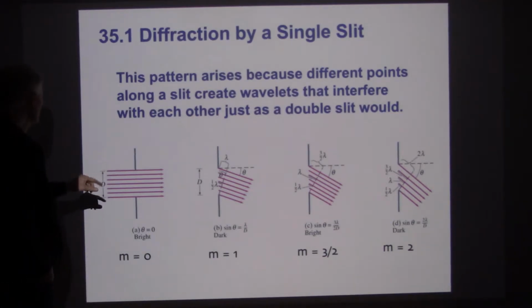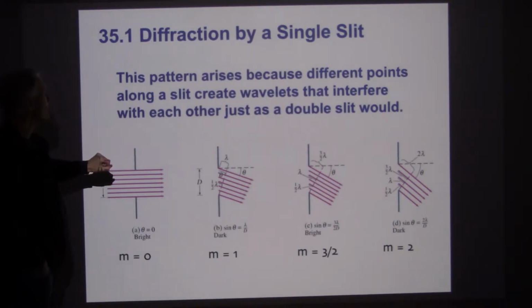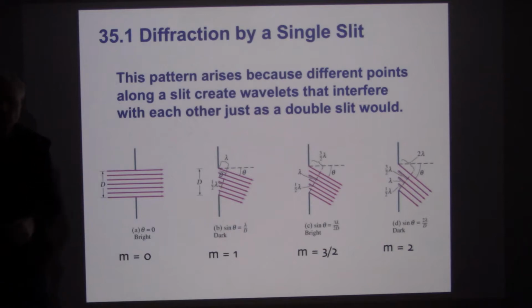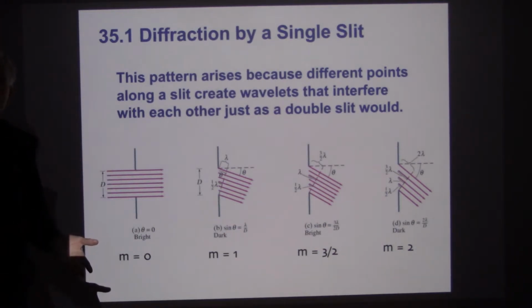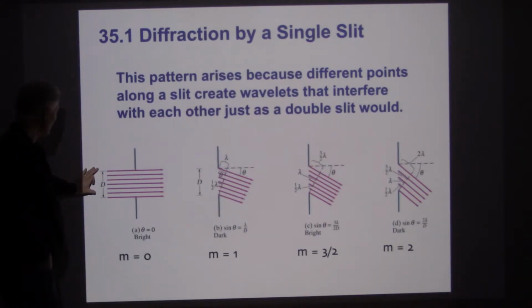Our textbook in the most recent edition has switched over to capital D. So if you see a capital D for the slit width, that's the same thing. That's interchangeable with the little a. We'll see that I'm reserving big D for diameter. We're going to run into some circular situations later in the chapter where we need to use big D for a diameter. In any case, this is the slit width.